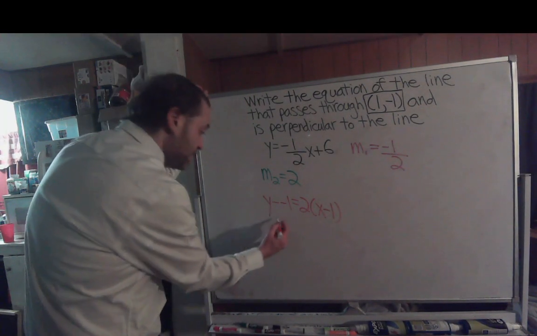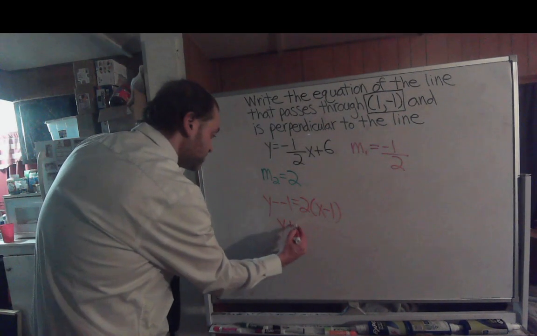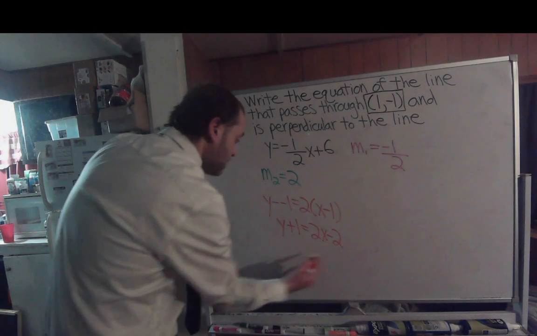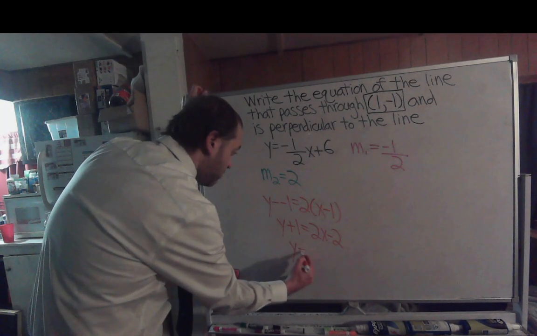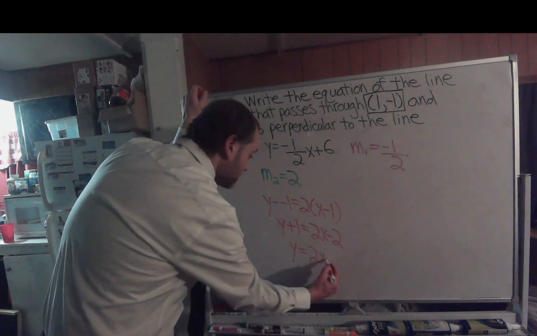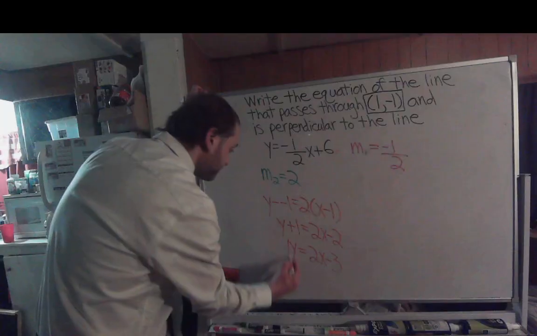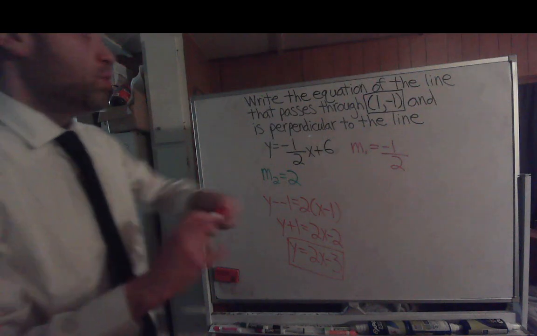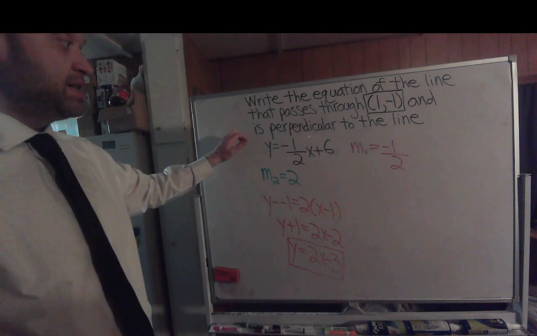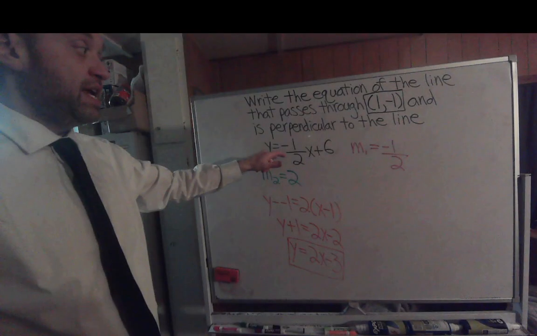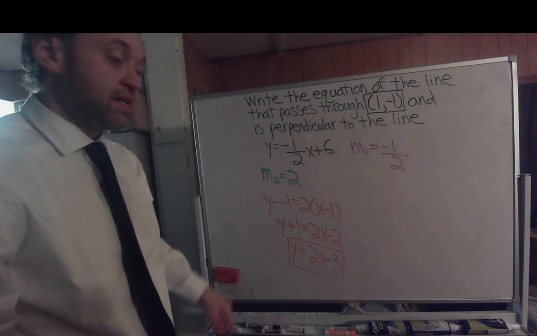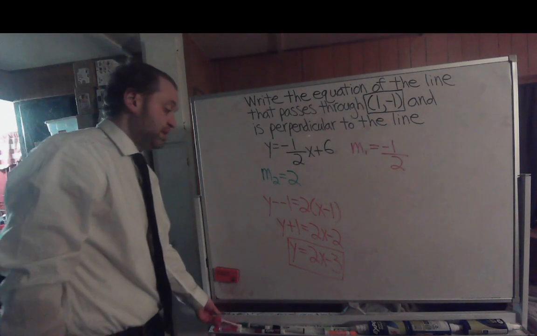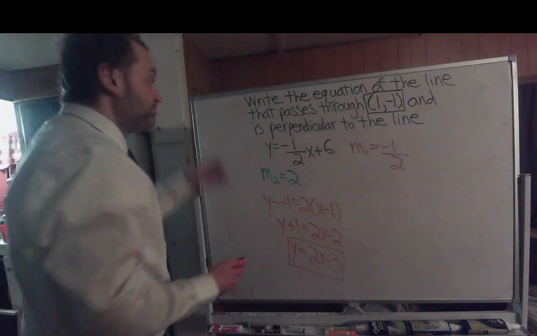Y minus -1 turns into y plus 1, which would equal 2x minus 2, which would give you that y equals 2x minus 3. So the equation of the line that passes through (1, -1) and is perpendicular to the line y equals -1/2 x plus 6 would be y equals 2x minus 3. That would be the line that's perpendicular.